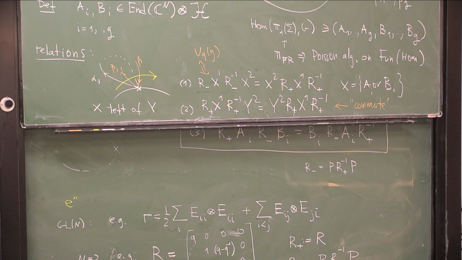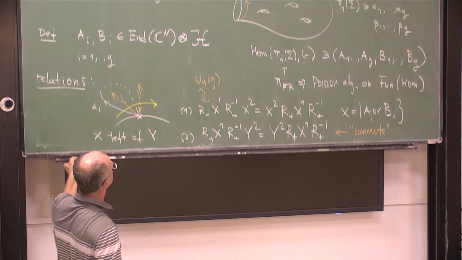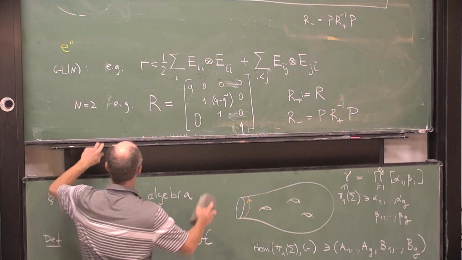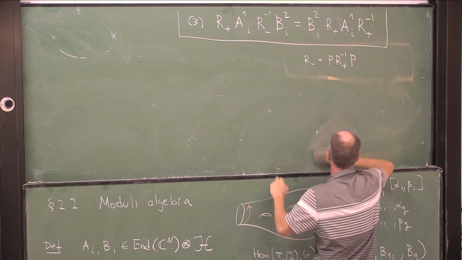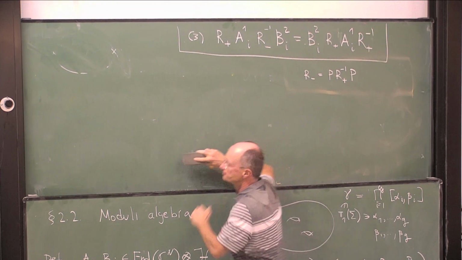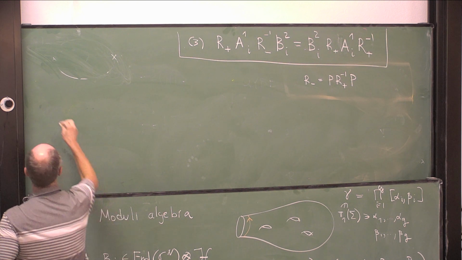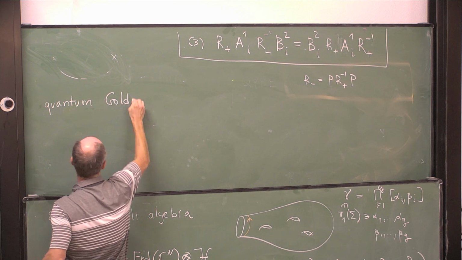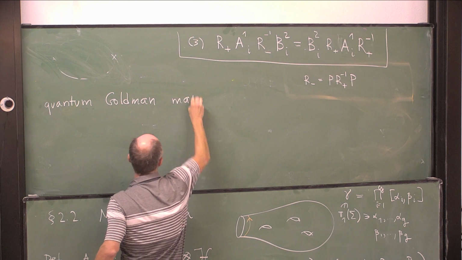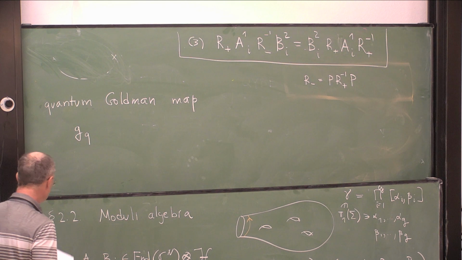Right. Okay. And now this algebra gets split, so you can define some sort of quantum Goldman map, G_Q.